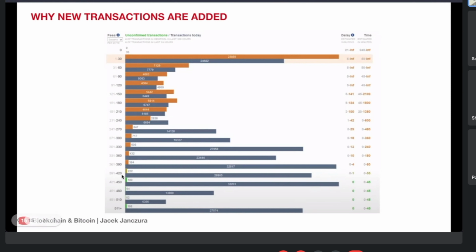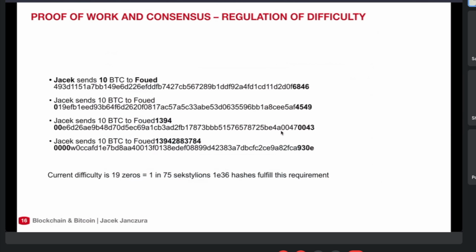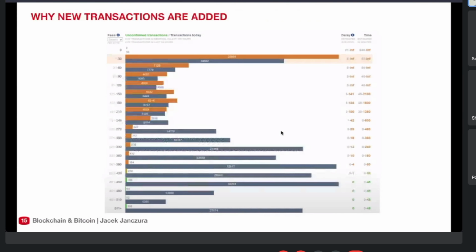If you pay 390 Satoshi, it's something like 0 to 4 minutes. You don't need to be a peer in the network. You can just approach a group of guys and tell them, guys, I want you to keep track of my transaction. I'm sending 10 Bitcoins. And if someone adds this, I will pay you some money.